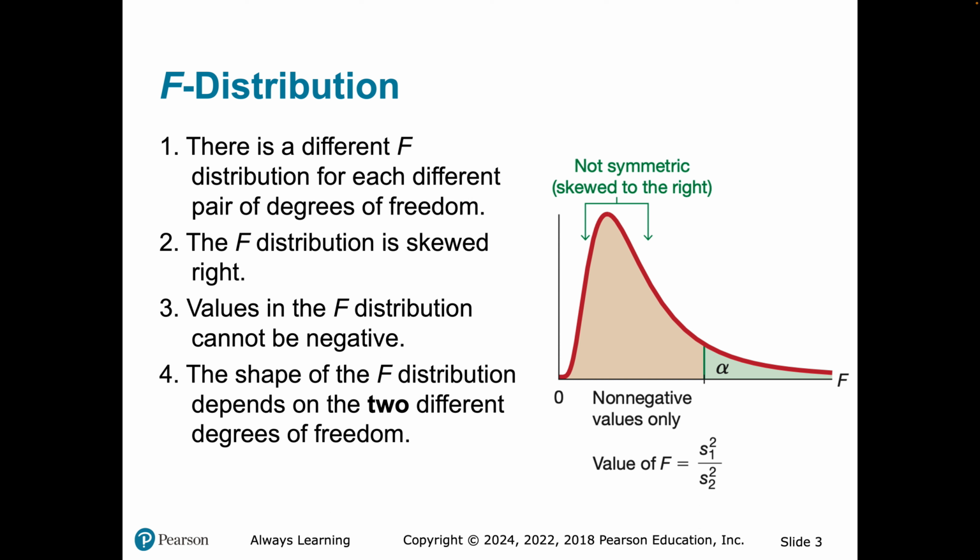The calculation of the p-value depends on what we call the F distribution, not the T distribution. The F distribution behaves a lot like the T distribution in that there's one for each pair of degrees of freedom.